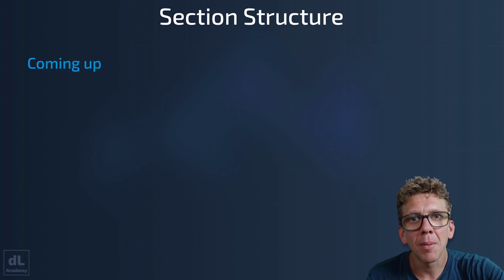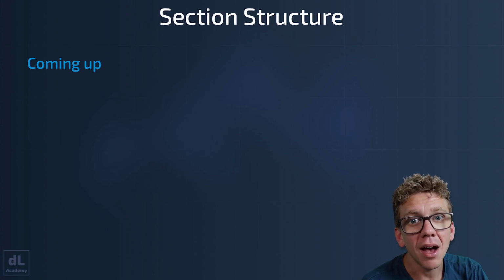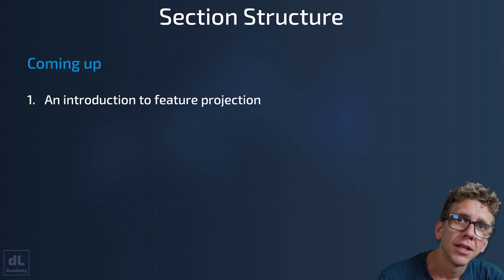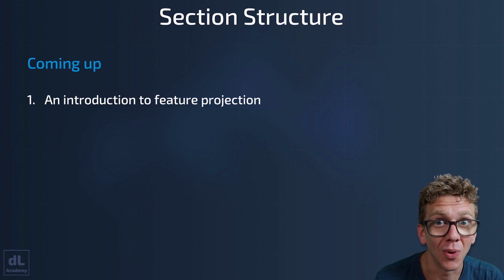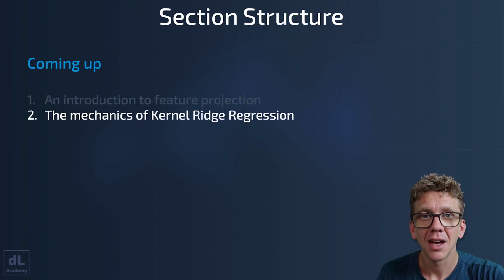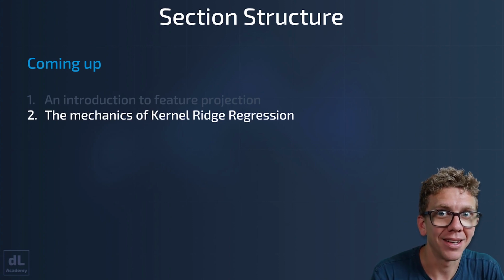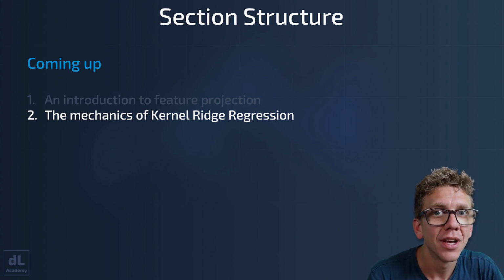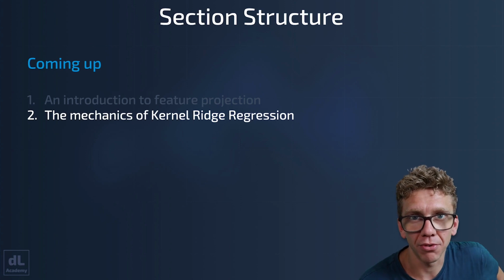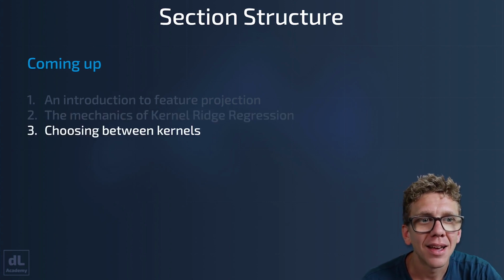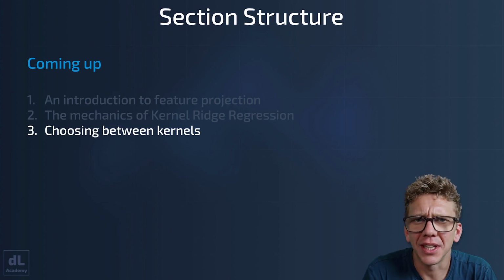So let's just wrap up here with a rundown of the specific lessons coming up in the section. So first of all, a good introduction to the feature projection problem with some examples. Number two, we'll then look in more detail at your best friend, the equations, the mechanics of kernel ridge regression, which is the model that we're going to derive. Then, I keep mentioning this word kernels.